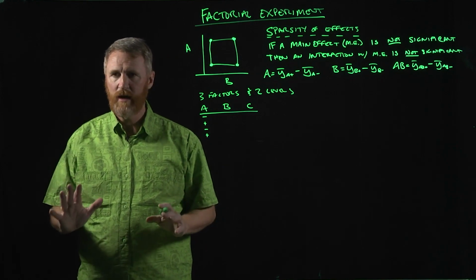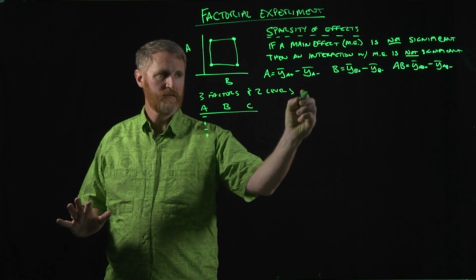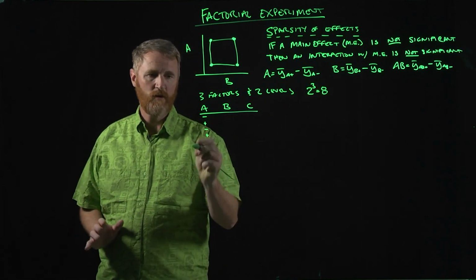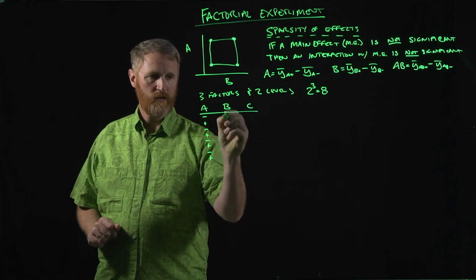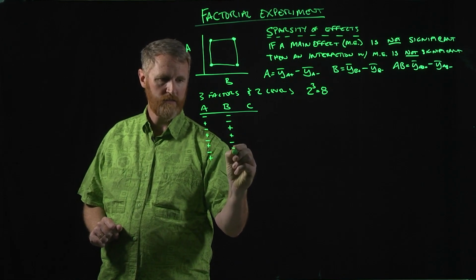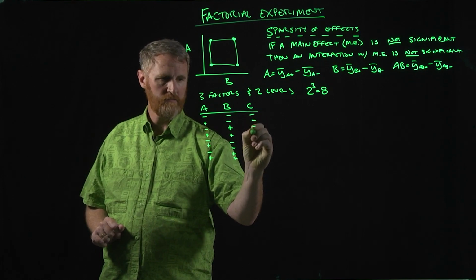Wait a minute, how many am I going to have? Well, three factors, two levels, that is 2 to the third, or 8 experiments. So I'm halfway there. Minus, positive, minus, positive. So now for B, I can go minus, minus, plus, plus, minus, minus, plus, plus. And then for C, I can do minus, minus, minus, minus.